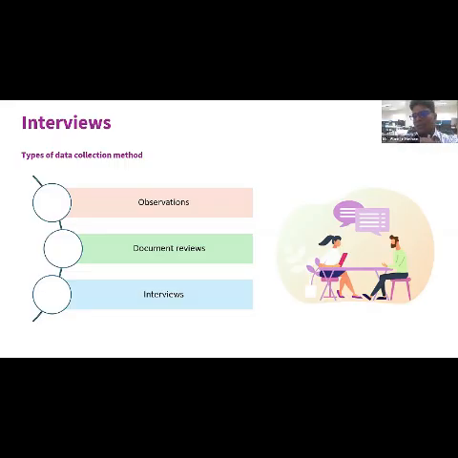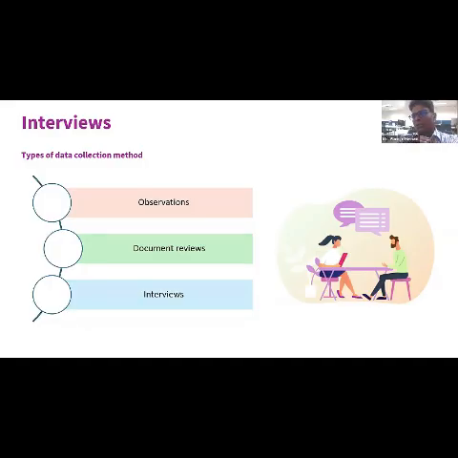In observation, there are different kinds. Some involve high involvement, which is called participatory observation. Some involve very low involvement, which can be non-participatory observation. Some are structured, some are semi-structured observation. There are different kinds of observation here.